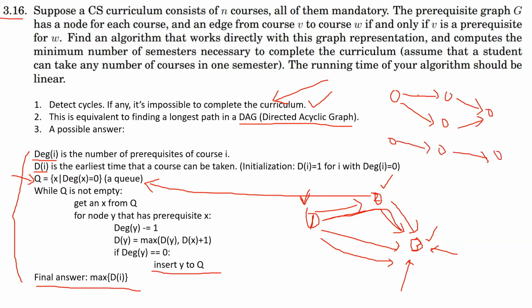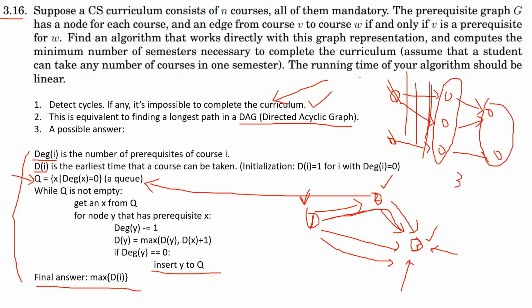You have to do it at the same time. For example, you have two nodes that don't have any prerequisite. You delete them, and then you have 3 nodes, and this will be taken in the second semester, and then finally you have 2 nodes that don't have any prerequisites, and then you have 2, 3.